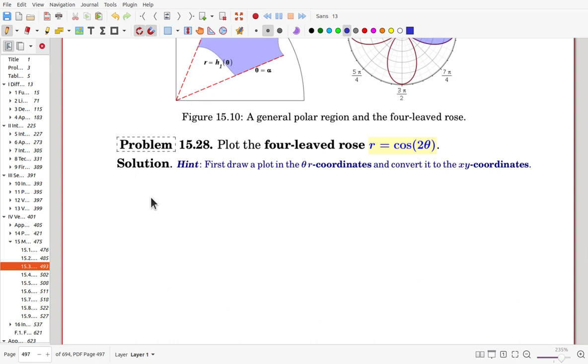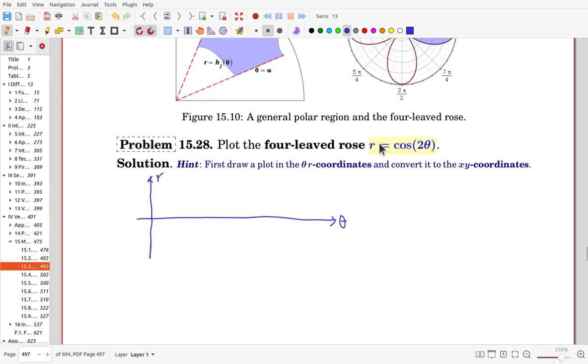For such polar curves, you may start with theta-r coordinates, and then convert to xy coordinates. That is the r direction, and that is the theta direction.